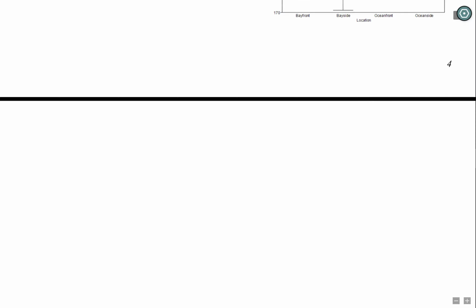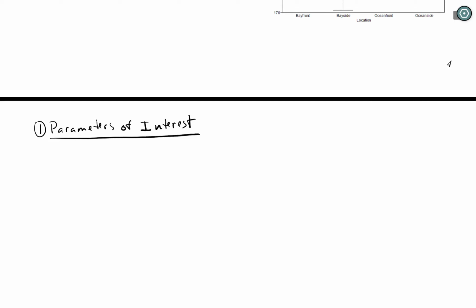I'm going to look at first the parameters of interest, because in any statistics problem we need to know what is the thing or things about the population or populations that we want to say something about. And in this case we have 4 parameters, mu1, mu2, mu3, and mu4.